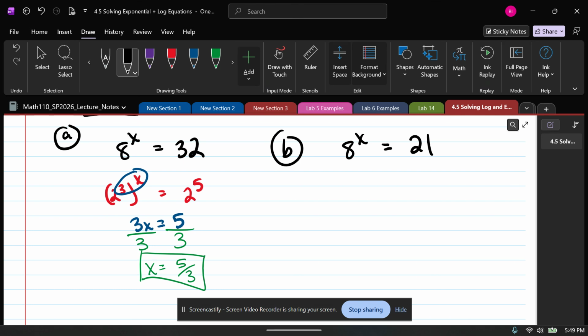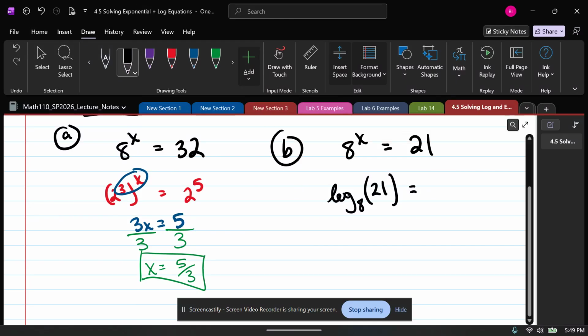Now on this problem, the difficult part is deciding how to solve that. There's multiple ways to do this. The way that I would do this is I would look at that exponential and say, what's the base of that exponential? It's an 8. So could I rewrite this as a logarithm? Yeah, the same way we did in labs. If I rewrite this as a logarithm, it's going to be log base 8. And then what goes inside and what's it equal to? 21 goes inside.